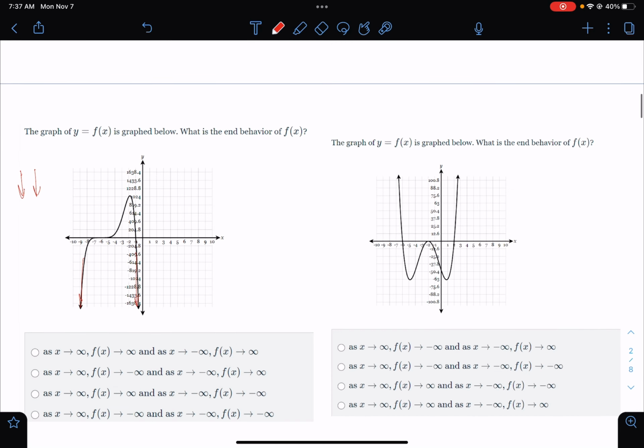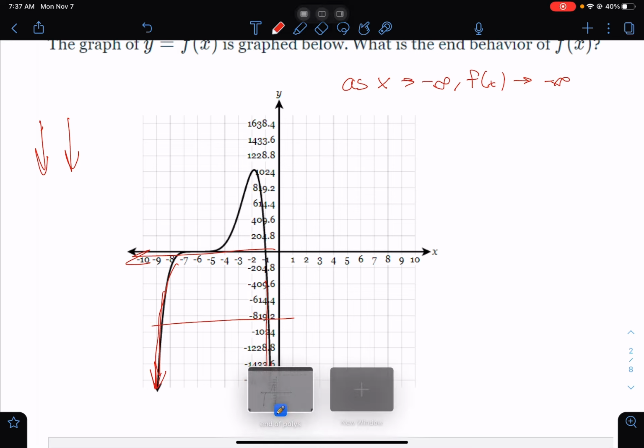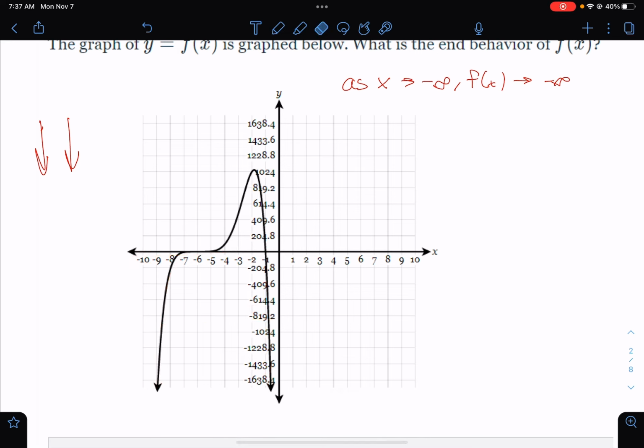So essentially, as x goes to negative infinity, meaning in this direction, the function is going to negative infinity. It's going down. Then as x goes to positive infinity, f of x, our function, is going to negative infinity.